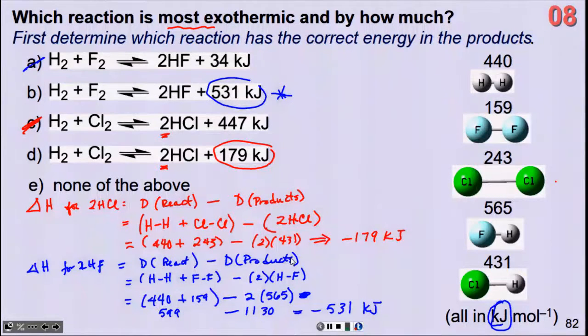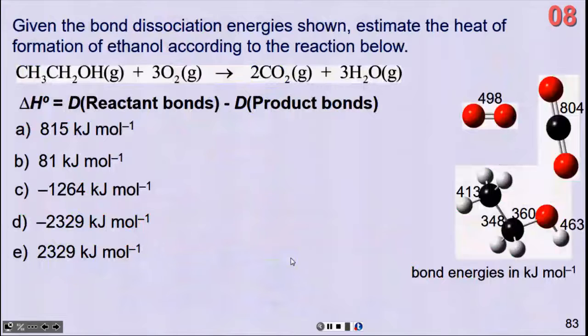All right, one more example for this kind of thing with bond energies to give you an idea of how many ways you got to be careful. Let's figure out the bond dissociation energies, using them to get an estimation for the heat of formation of ethanol according to the reaction shown below.